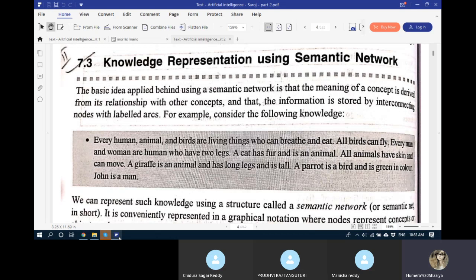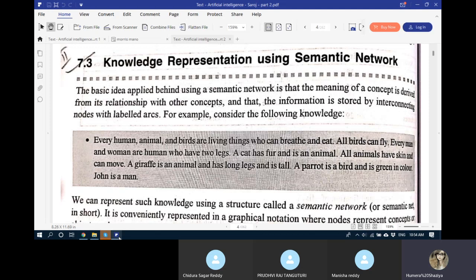A giraffe is an animal and has long legs and is tall. This is related to a particular kind of animal which is a giraffe, which has long legs and is tall. From this statement, you can't conclude that all animals have long legs and are tall.